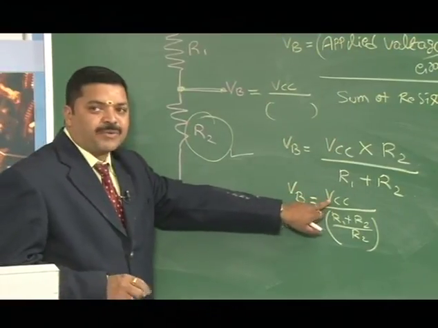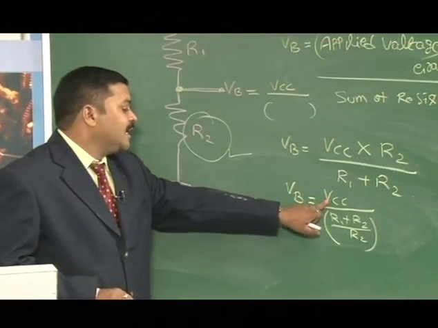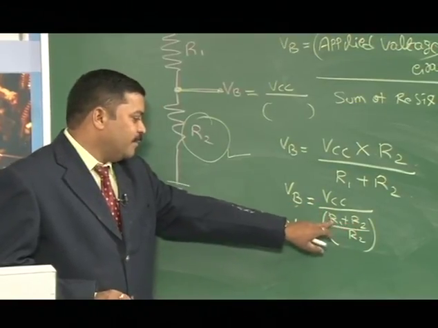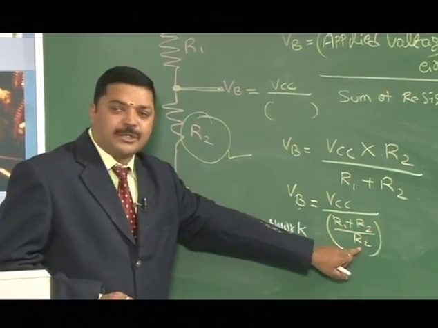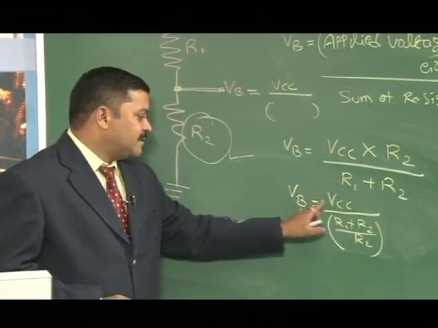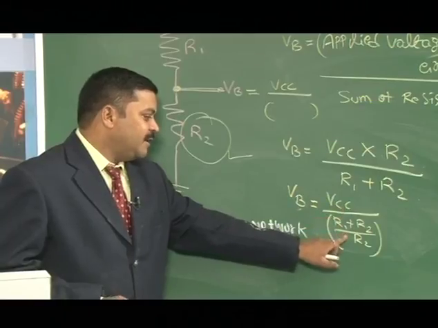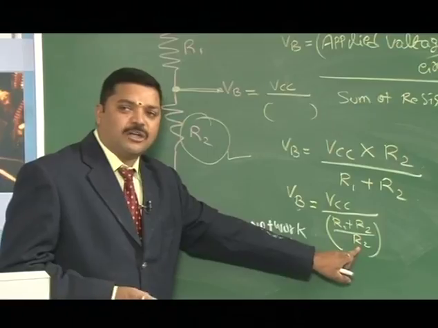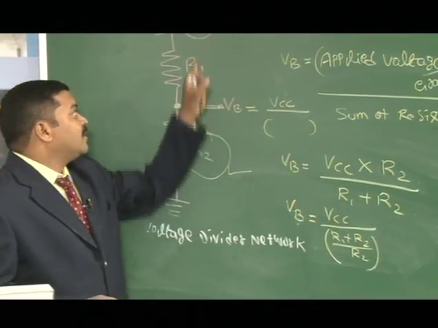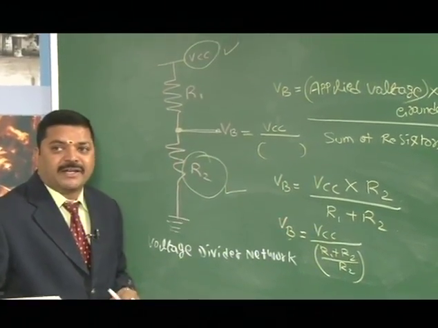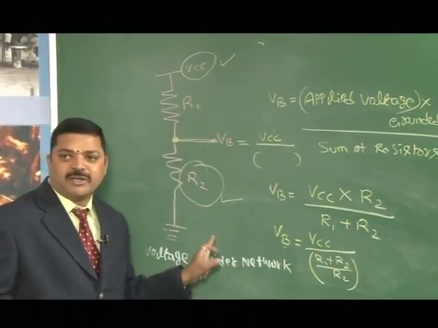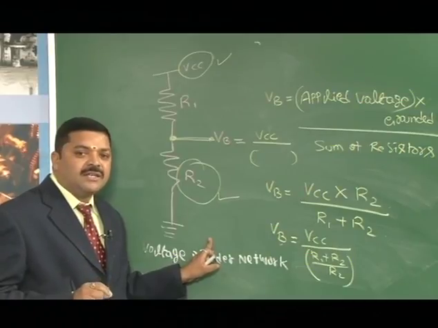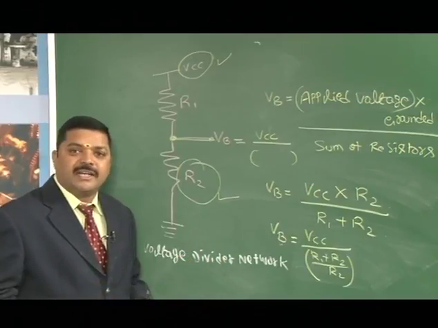Voltage VCC, which is the applied voltage to the network, is getting divided by some value, right. That value is R1 plus R2 by R2. Therefore, this network is called a voltage divider network. And since we use this network in our biasing technique along with the transistor, it is called voltage divider biasing.